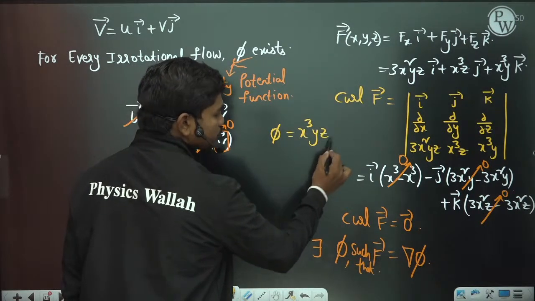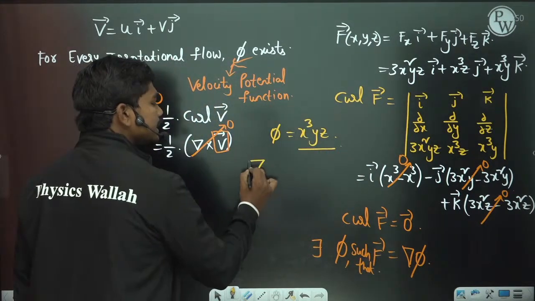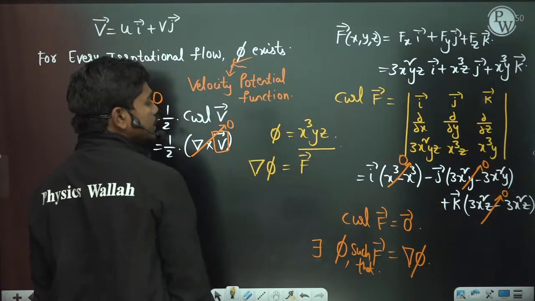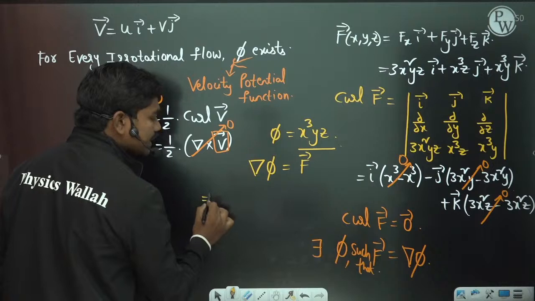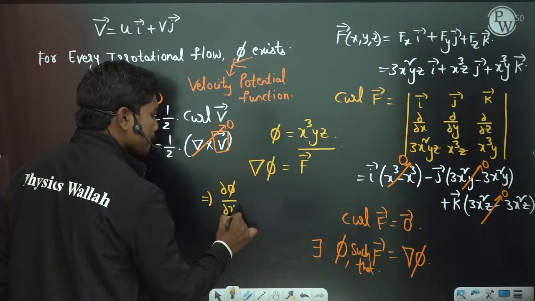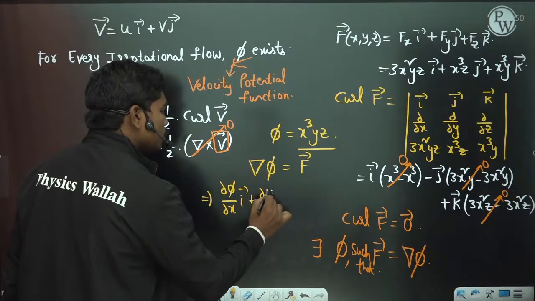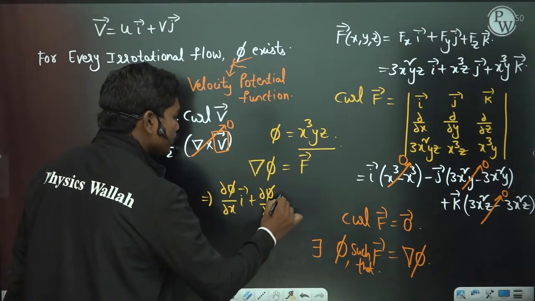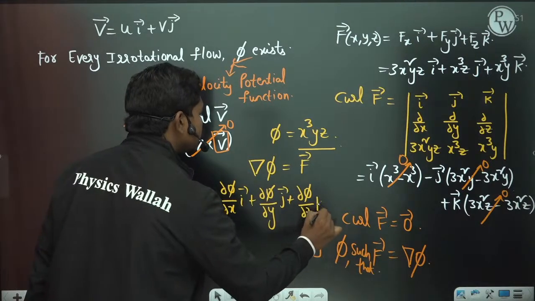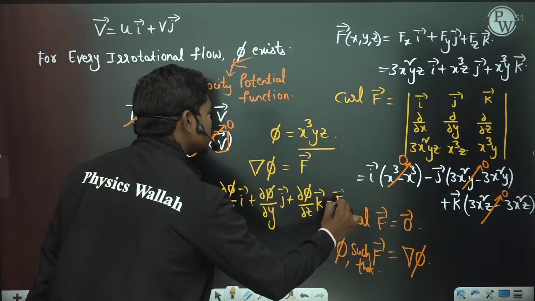If you take this scalar point function, then definitely the gradient of this phi gives you this f bar. How will you calculate the gradient? Gradient is nothing but dou phi by dou x i plus dou phi by dou y j plus dou phi by dou z k.